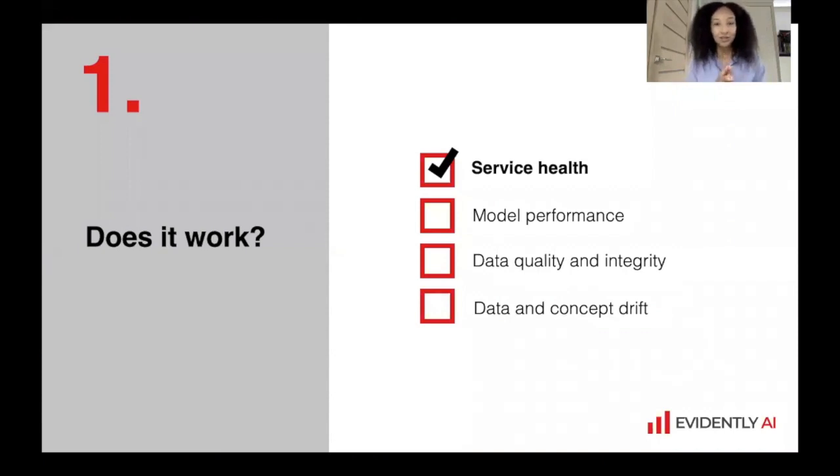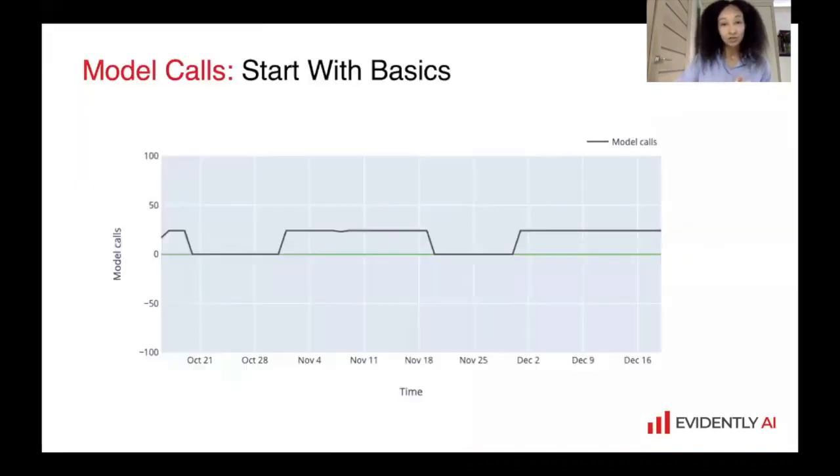And the first stage of monitoring I want to bring up here is the service health, because first of all, we need to figure out, does our service actually work? Here, again, I assume that you already have some production services, and I suggest you use the same system and the same approach for your machine learning service, right? Just one thing I want to bring your attention to is the model calls dashboard.